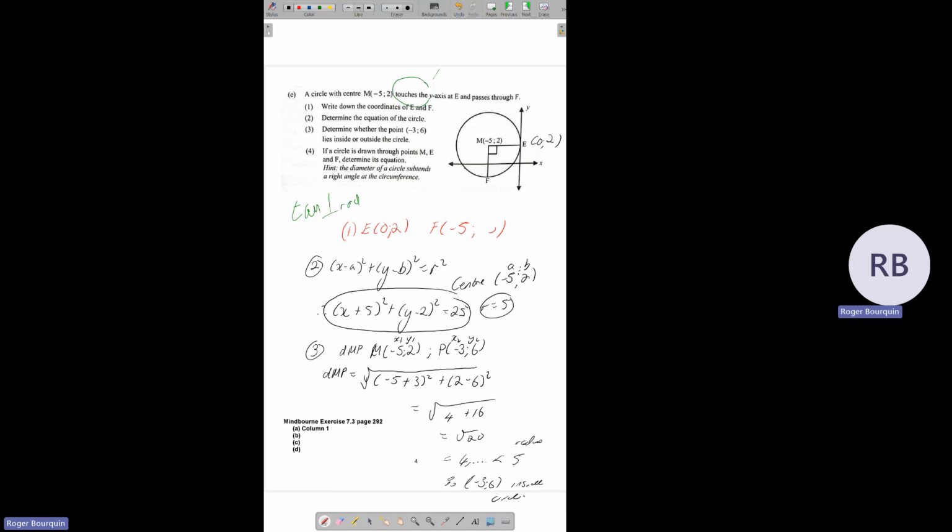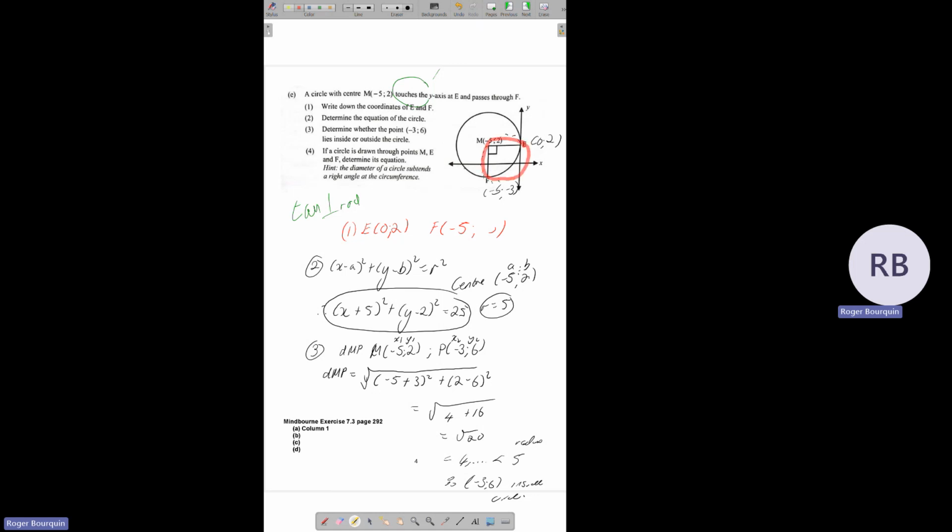F has coordinates -5, -3. Now I've got a circle which goes through M, E, and F. Let's make it a bit clearer. A circle going through M, E, and F.